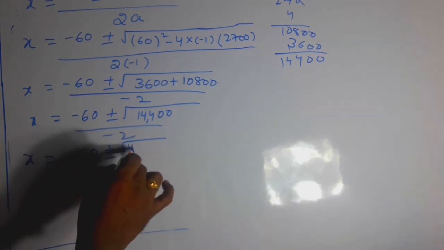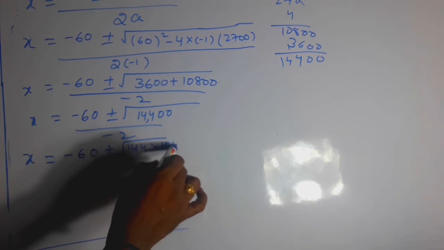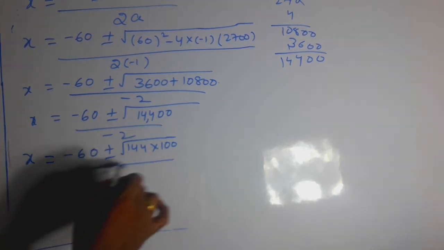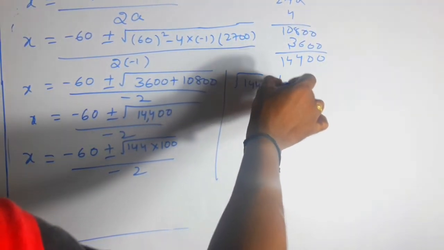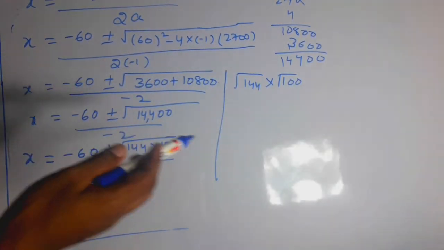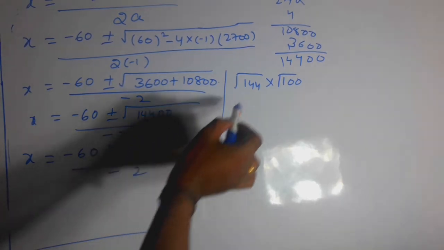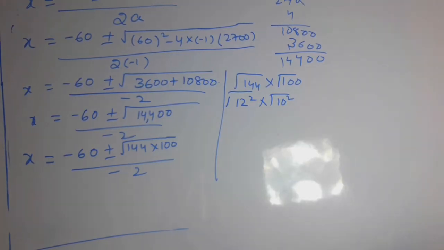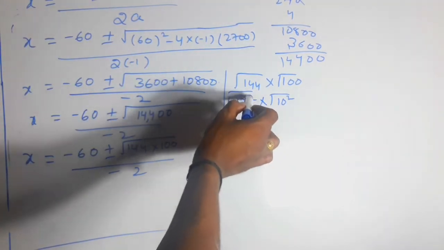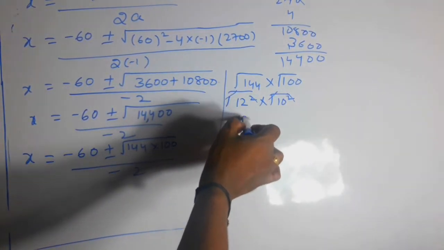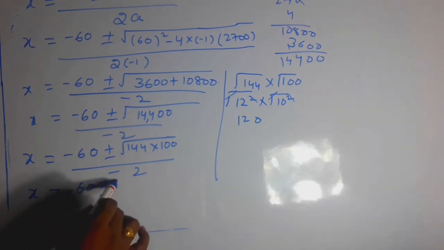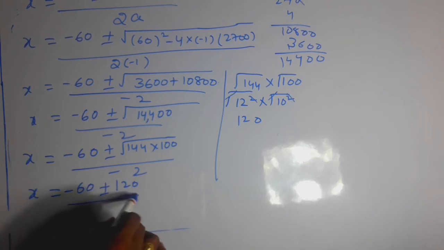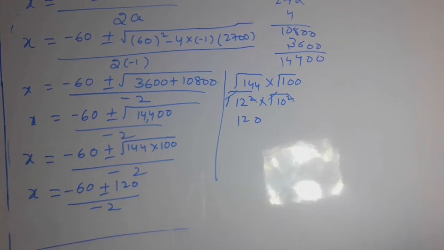Write this as 144 into 100, and split the root separately for 144 and for 100. 12 square is 144 and 10 square is 100, so square and root cancel. You will get 120. So x equals minus 60 plus or minus 120 by minus 2. One time take plus 120, another time take minus 120.